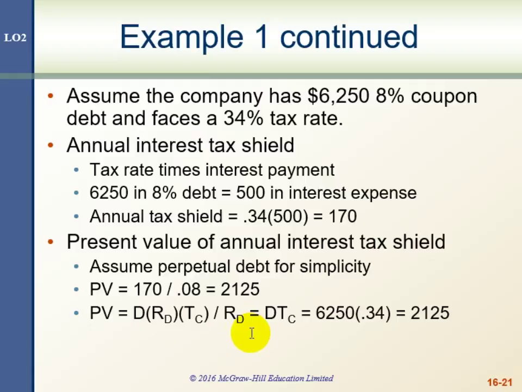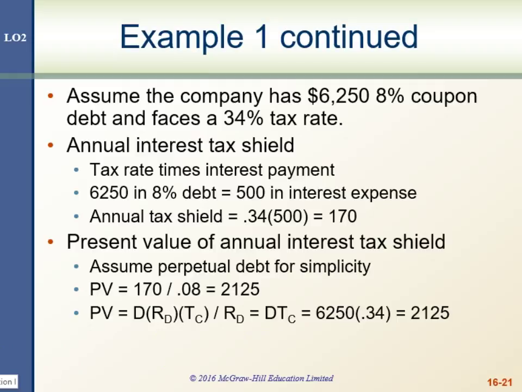So we actually end up with the present value of the tax shield being the debt amount times the corporate tax rate, or 2,125. So that tells us that whenever we issue more debt, the interest is adding to the value of the firm in a proportion of D times T_C, the amount of the debt times the corporate tax rate.